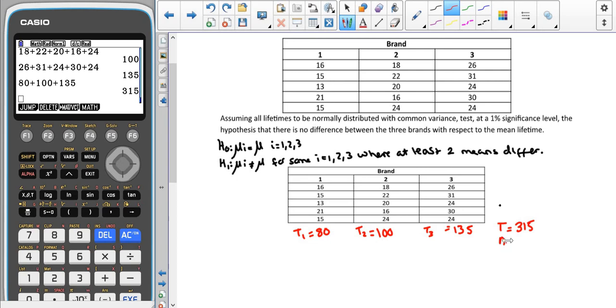So my n i is going to be 3 because we've got 3 groups here. Sorry, it's going to be 5 because I've got 5 in each group. And then my overall N, well, I've got 3 lots of 5, which means my overall N is going to be 15.